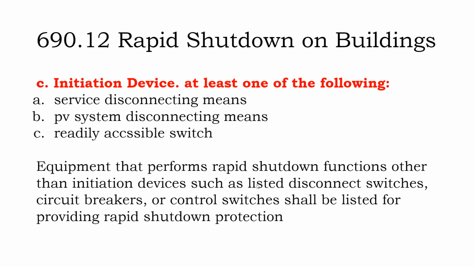So this has been a step up, trying to kind of anticipate solar fires. Now, in reality, I think that the fires that have been caused in the solar industry have not had much to do with rapid shutdown, other than rapid shutdown systems like microinverters and DC optimizers would have interrupted that fault.